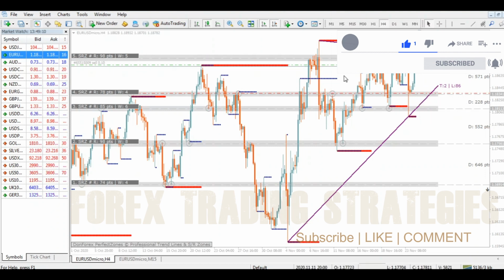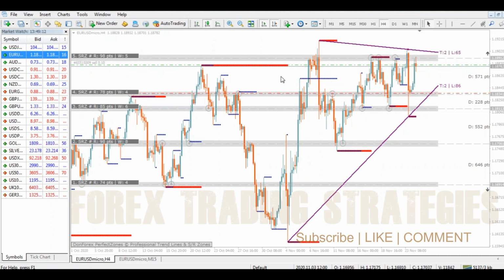I don't worry much about when price is here in the white areas. I don't worry much about price when it's in there. I don't care.